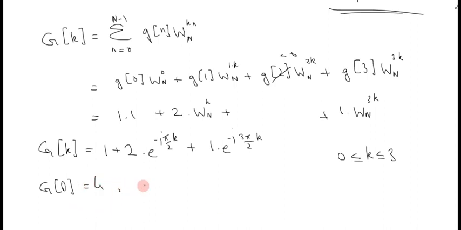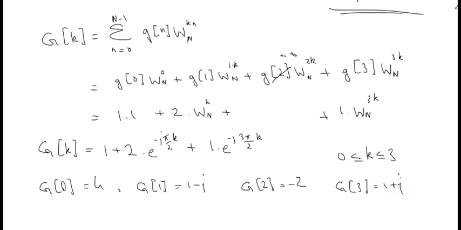Your g of 1 will be equal to 1 minus j. Your g of 2 will be equal to minus 2, and your g of 3 will be equal to 1 plus j.